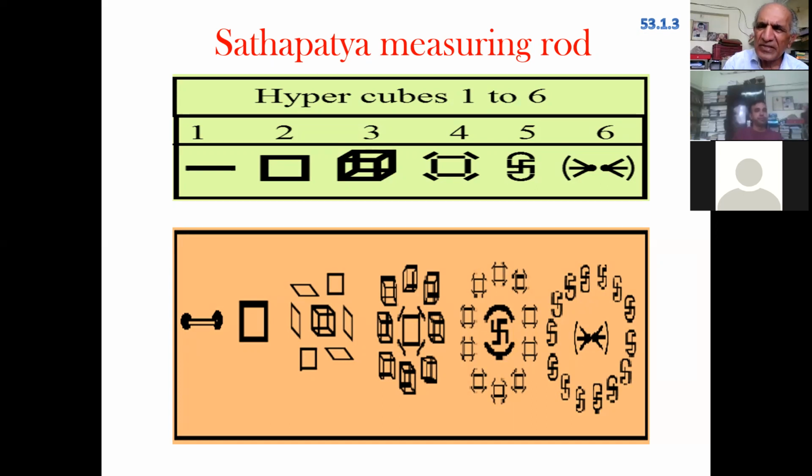Therefore, the first feature of the Sthapatya Miring rod, which deserves to be comprehended well, is that the domains of these bodies are enveloped within lower dimensional bodies, but of double the number of the dimension of the domain itself.